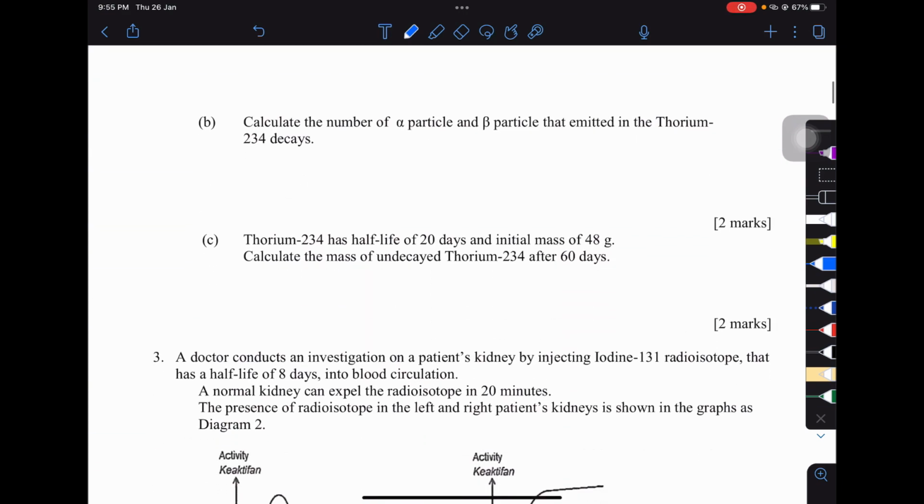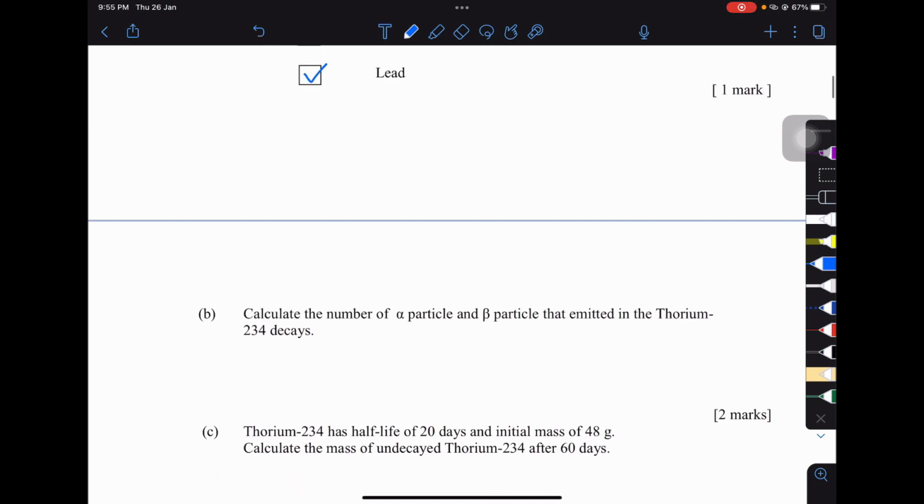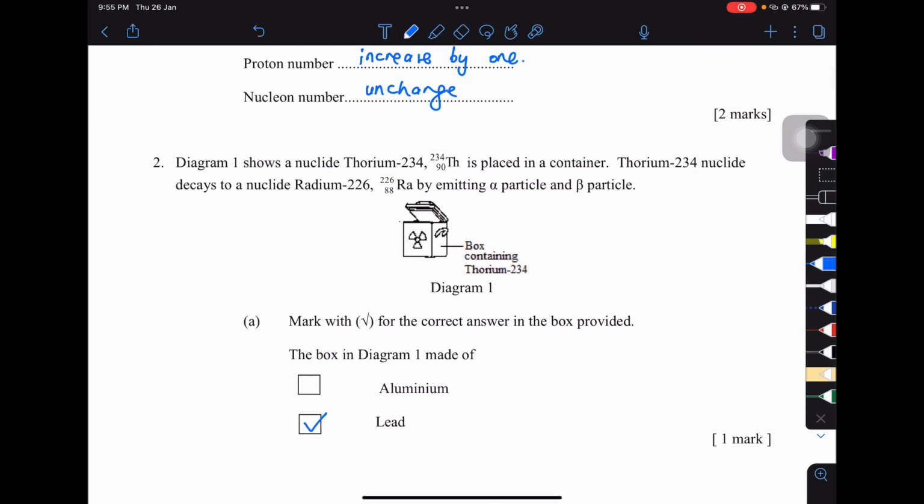Now, calculate the number of alpha particles and beta particles emitted in the thorium-234 decay. If you look at the question, it states thorium decays to radium-226 by emitting alpha and beta, so plus alpha plus beta.